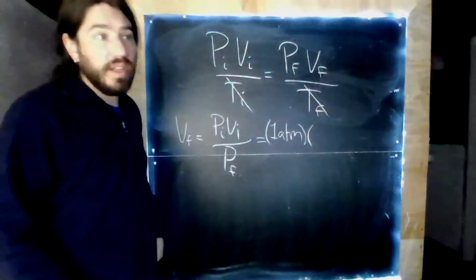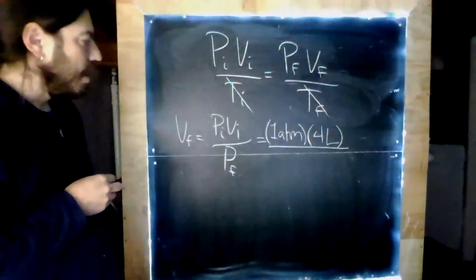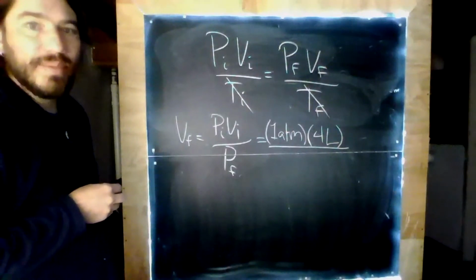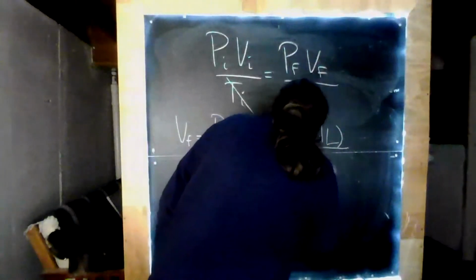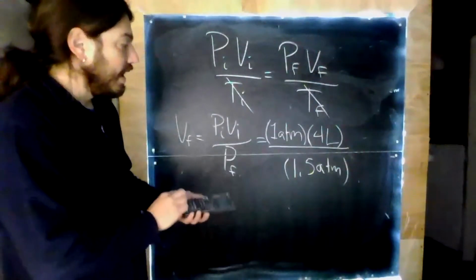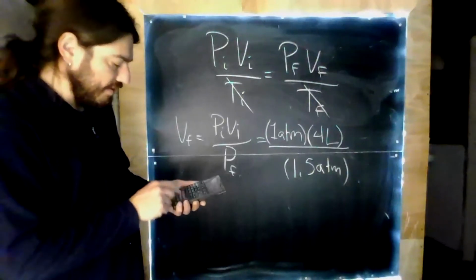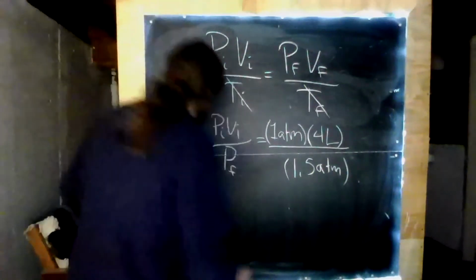And my initial volume is 4 liters. My final pressure is 0.5 atmospheres higher. So that's 1.5 atmospheres. And now I'm ready to run my calculator. It's just 4 divided by 1.5. 2.67.